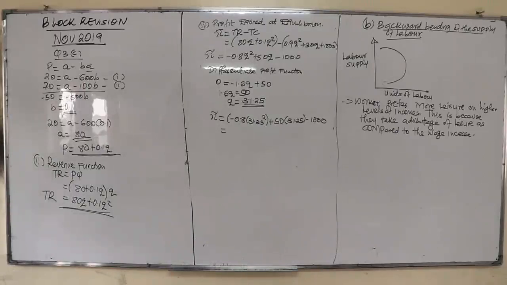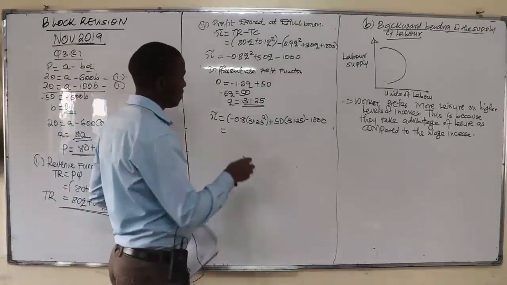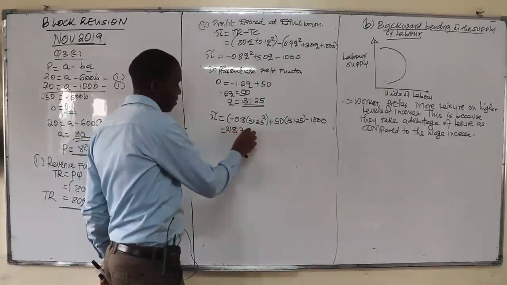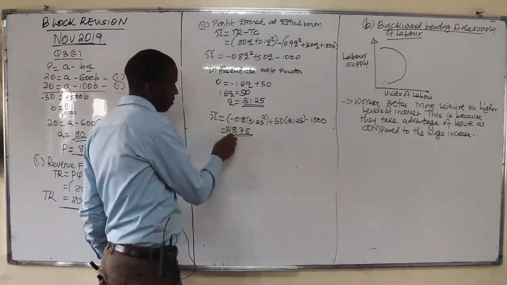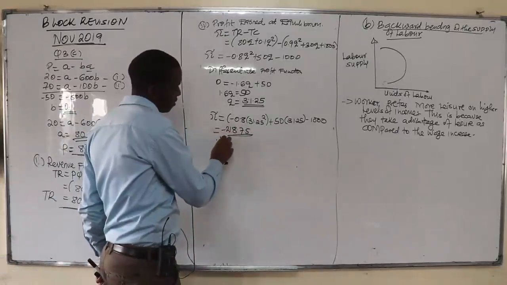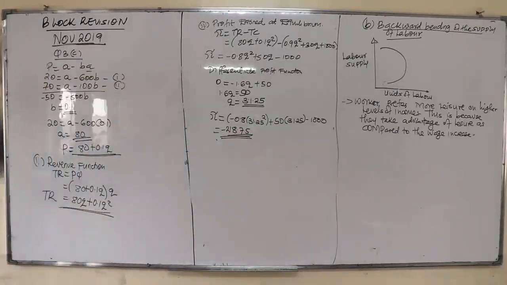Is it negative? Negative 2, 18. Negative? Yes. So you can have that. That is how in this case you are required to do that. You copy that very fast.